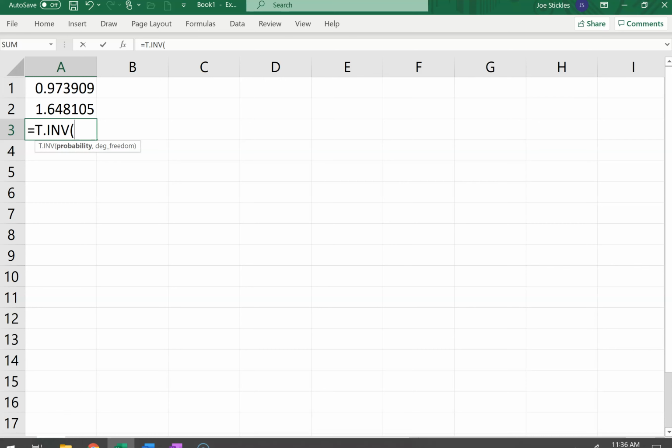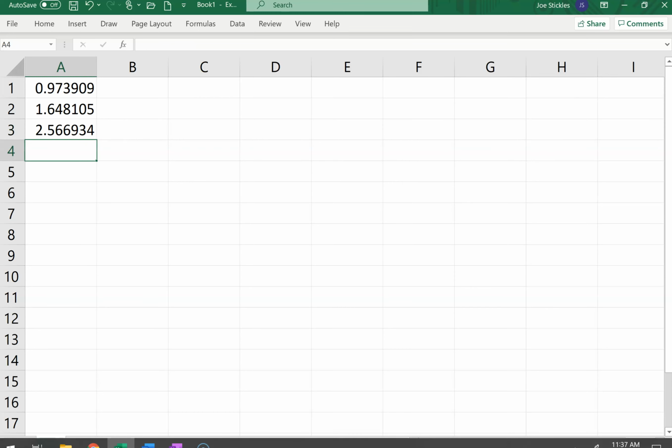In this case, we have to be careful because it's going to be cumulative here, and we want right tail, right? So instead of 0.01, what do I want to put in here? I better put in the 0.99, right? Actually, if I put in 0.01, I would be able to figure it out. I'll show you why in a second. Degrees of freedom is 17, because that's what they told us it was.